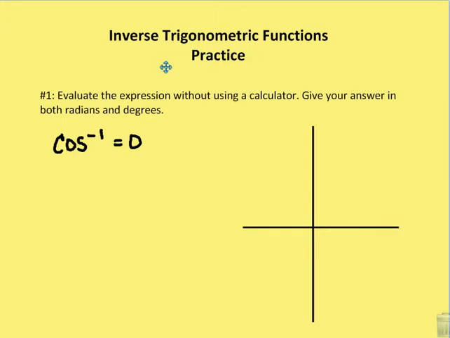Number one, I have inverse cosine is equal to 0. Well, the angle that we're going to talk about is always going to be the reference angle when it comes to inverse trig functions. So let's consider what that angle is going to look like. Now, if I establish the relationship for cosine as being x over r in the unit circle, and I know that r is always equal to 1.